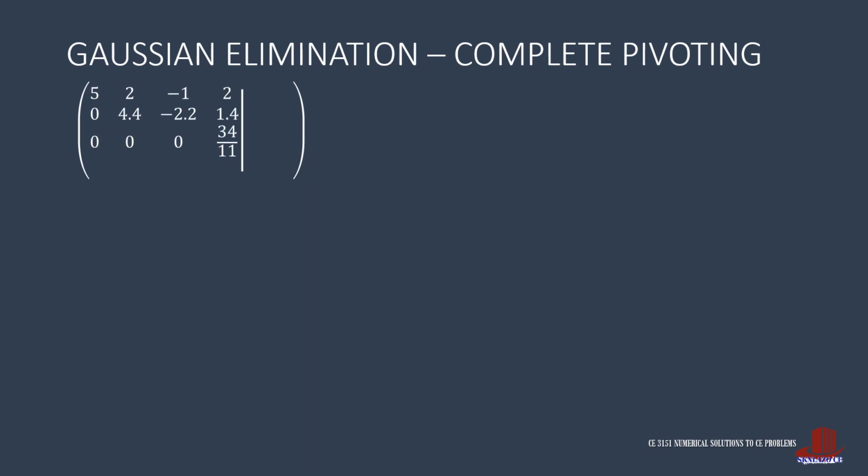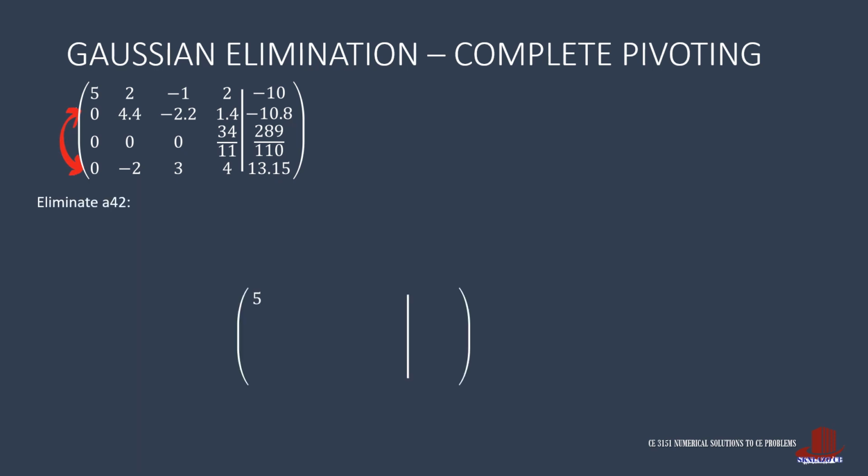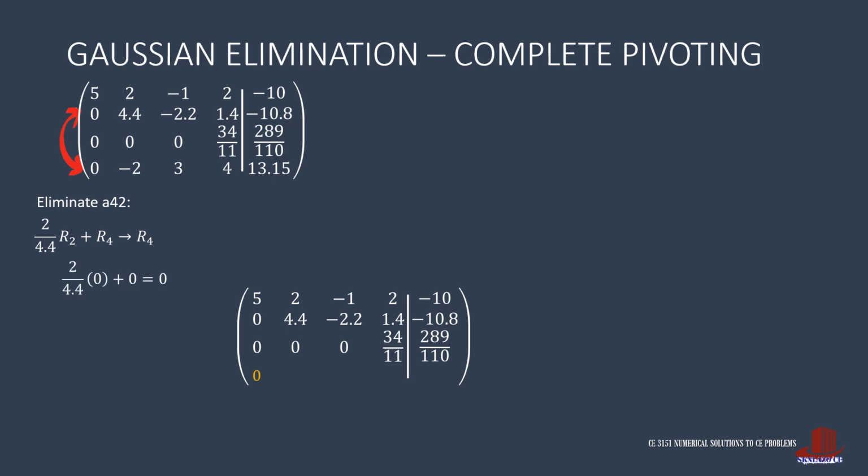With the new format of the matrix, we also use the second row to zero out element 4,2. We do just that with 2 over 4.4 of row 2 plus the fourth row to be the new row 4. Start with 2 over 4.4 of 0 plus 0 to give 0. Next is 2 over 4.4 of 4.4 plus negative 2 making 0 again.